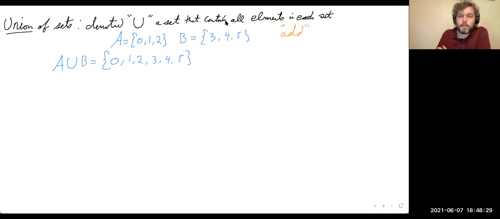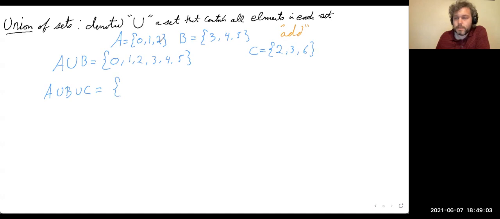If we have the set C equals {2, 3, 6}, what would be the union of A union B union C? I'm using this as an opportunity to go over duplicates.